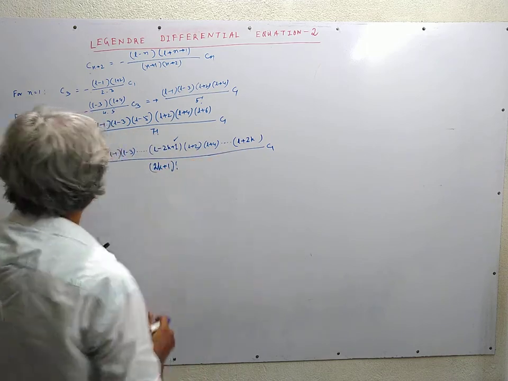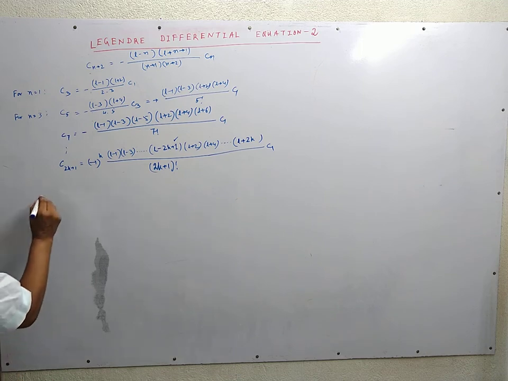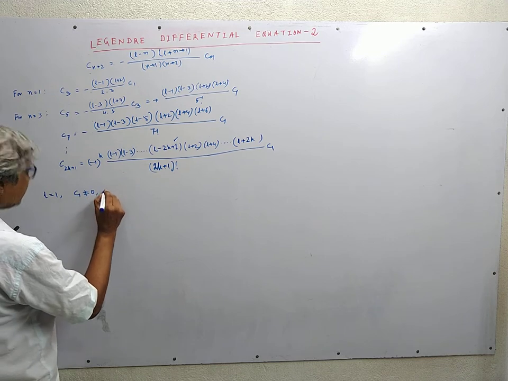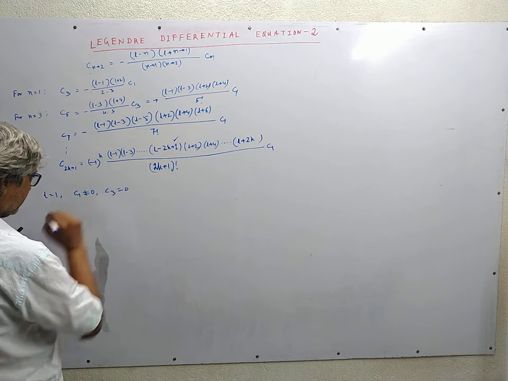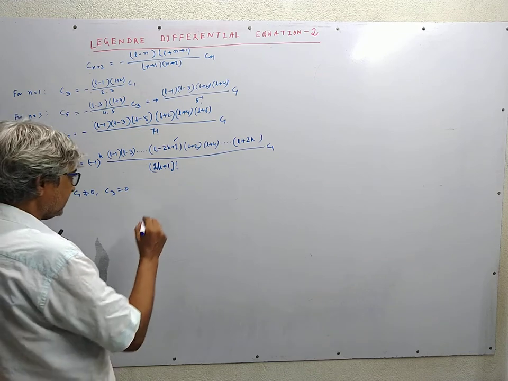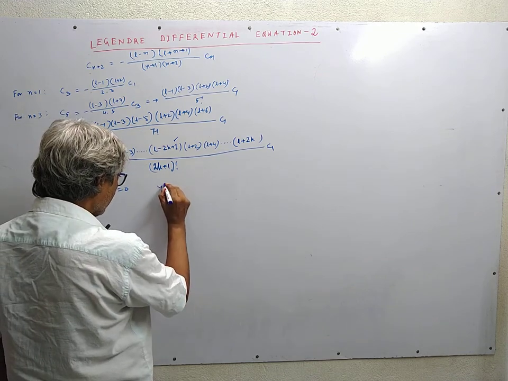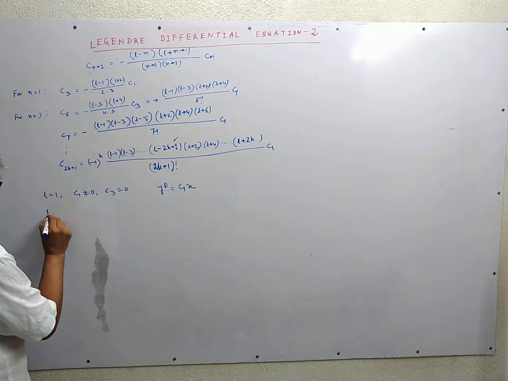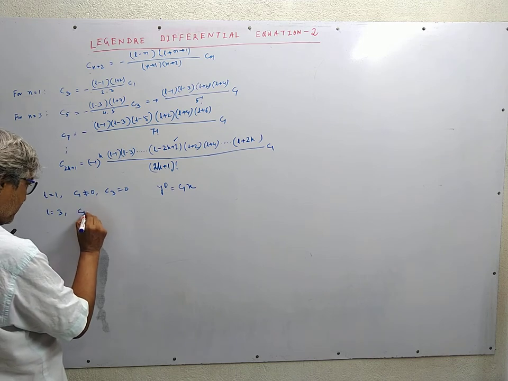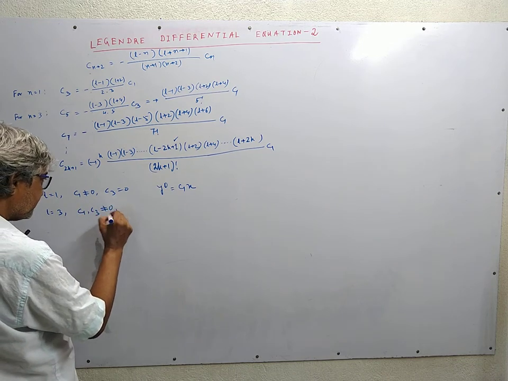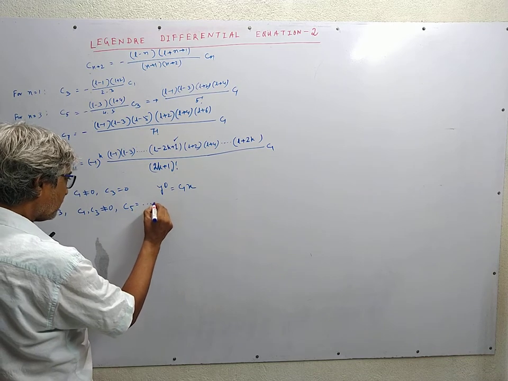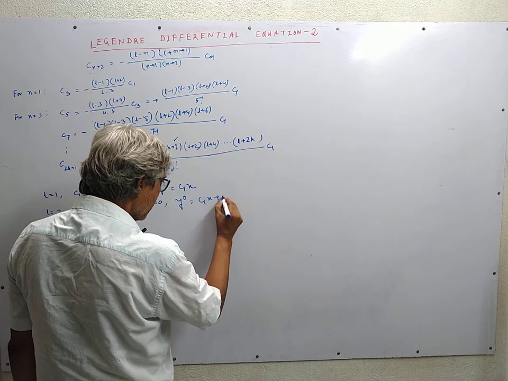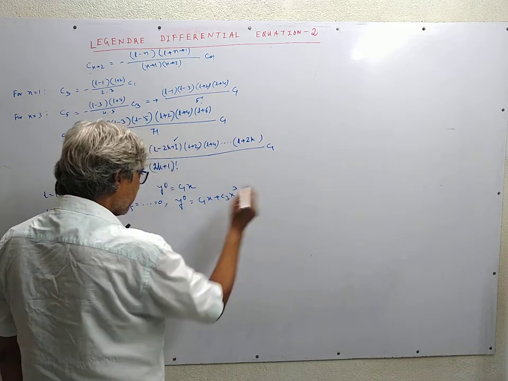Now, you see that if L is equal to 1, C1 is not equal to 0, C3 is equal to 0, then the series is simply C1x, and number of terms is 1. For L is equal to 3, C1, C3 are not equal to 0, C5 onwards are 0, and the series is, the number of terms is 2.